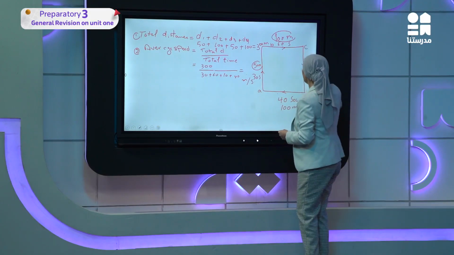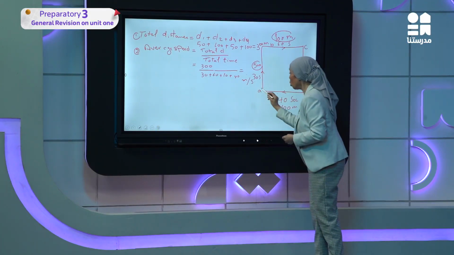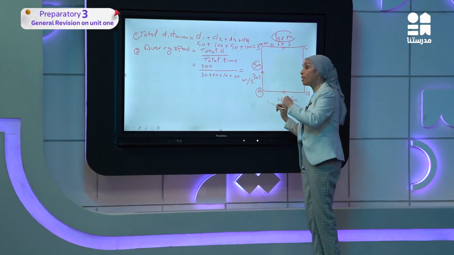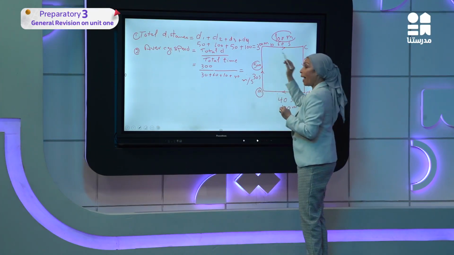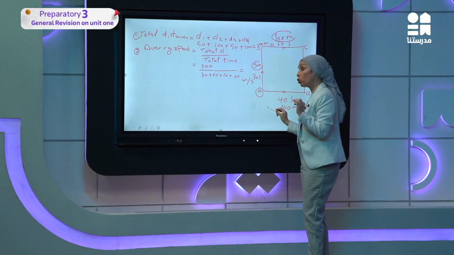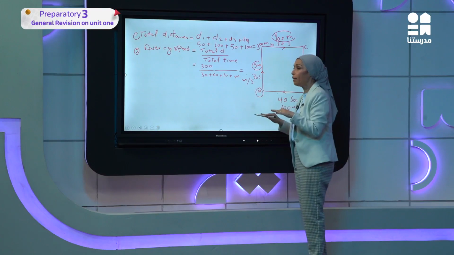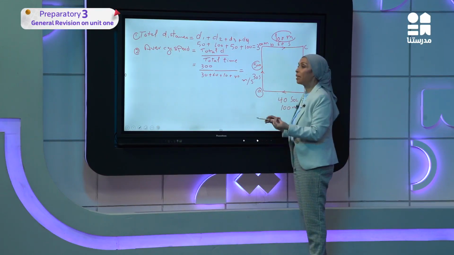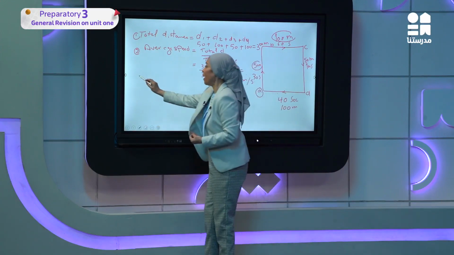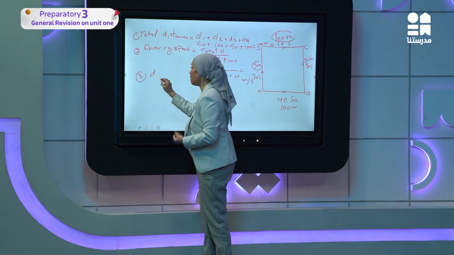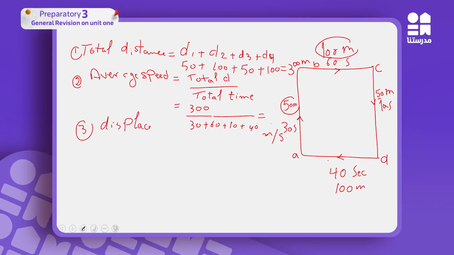It should have a starting and an ending. So this is the starting point A, and the racer went to B, then to C, then D, and returned back to the same original point, which is A. Any time a body moves and then returns back to the original position, without any hard work, the displacement in this case equals 0. So what's the third answer? Displacement equals 0.